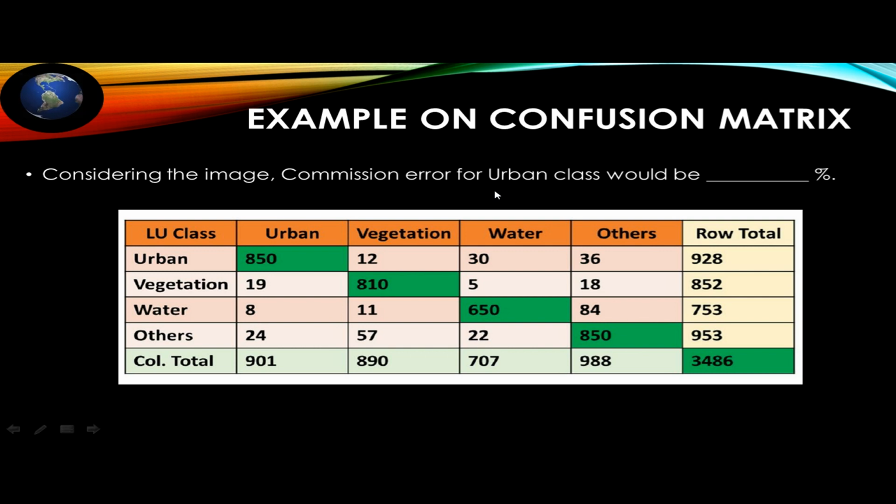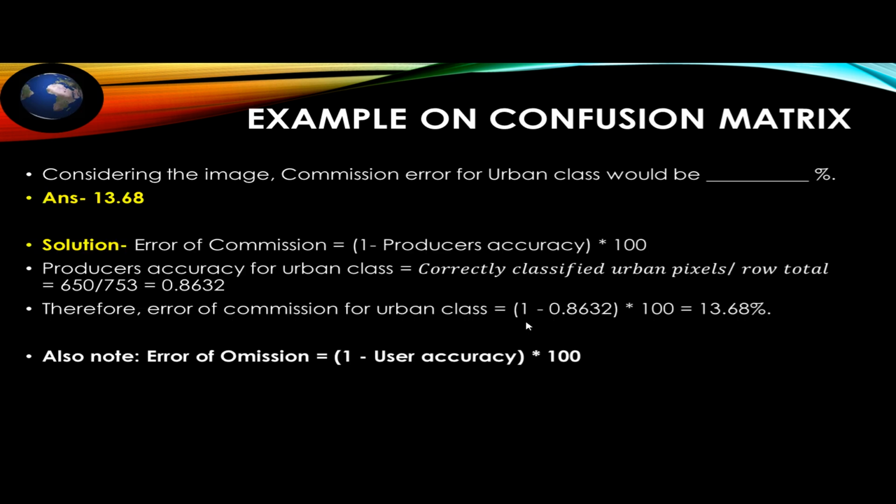Here this confusion matrix is helpful to see the accuracy, how the ground truth information has been located in our GIS tools. Here the commission error is for the water class. There is a typo, it is not the urban class. Error of commission is (1 minus producer accuracy) into 100. Producer accuracy deals with the rows, the total number of rows.